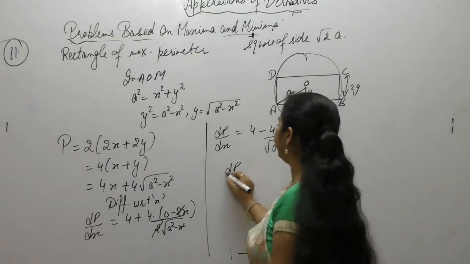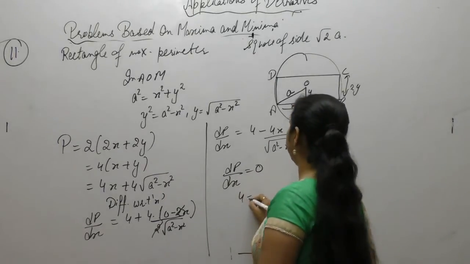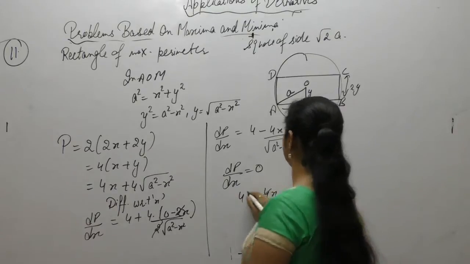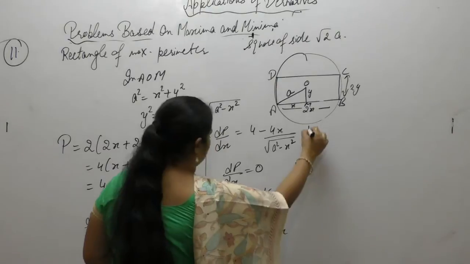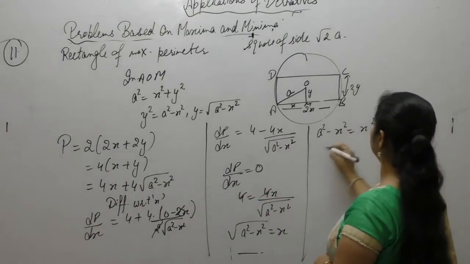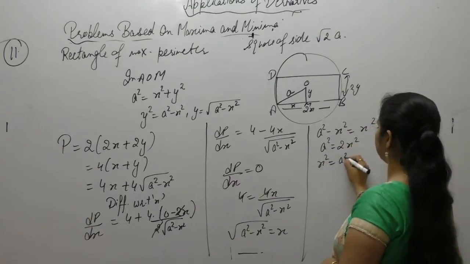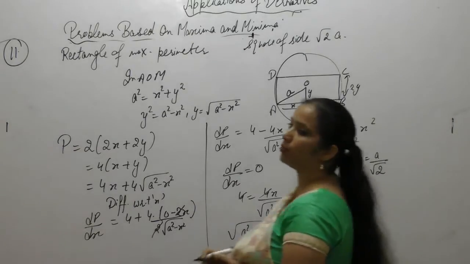In the next step, put the first derivative equal to 0. So we get root a square minus x square is equal to x. Squaring both sides, a square minus x square equals x square. So we get x as a upon root 2.